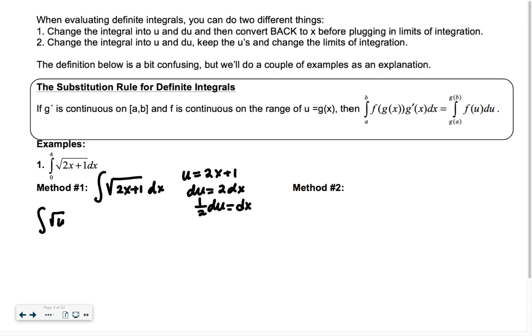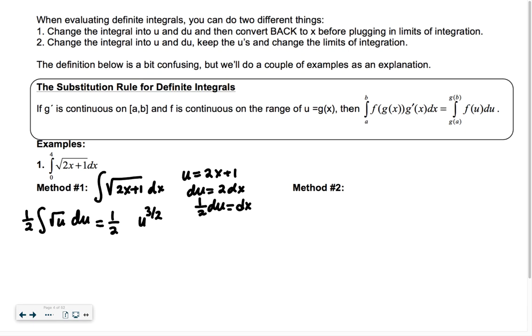So as we replace, we have the square root of u. The dx is replaced with 1/2 and a du. I add 1 to the power, so I get my 3 over 2, right, because it was u to the 1/2.